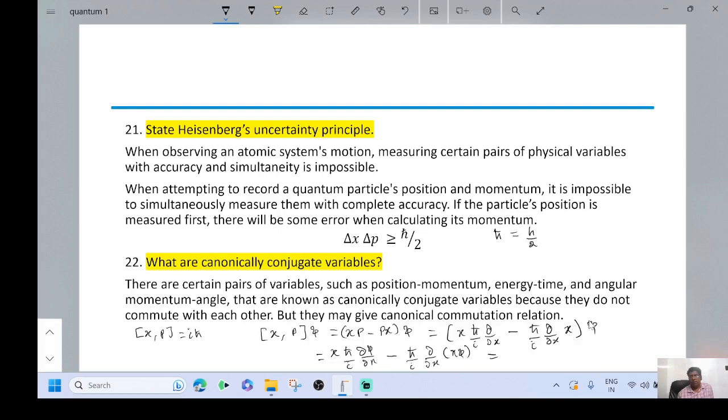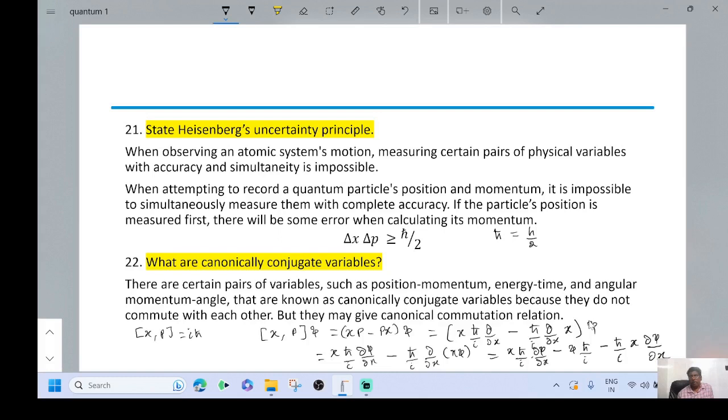This is x into h cross by i dou psi by dou x minus psi into h cross by i. Take this psi. Dou x by dou x is 1, minus h cross by i x into dou psi by dou x.